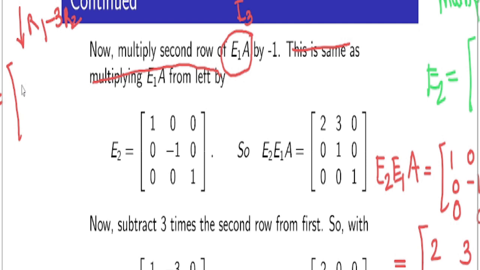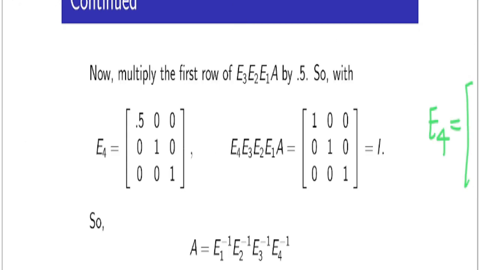Then we perform one operation: our I3 is 1 0 0, 0 1 0, 0 0 1. Operation: R1 divided by 2 in I3, and then we get E4 equal to matrix 1/2 0 0, 0 1 0, 0 0 1.